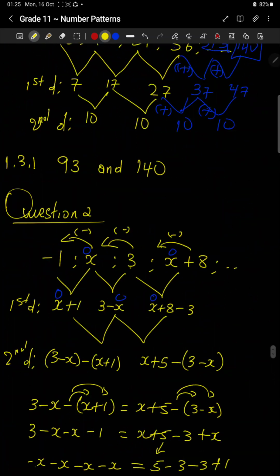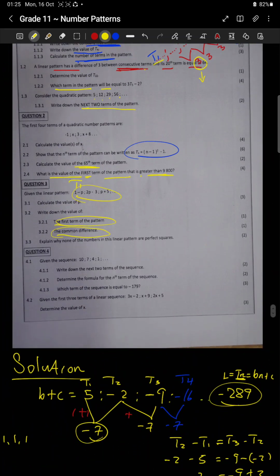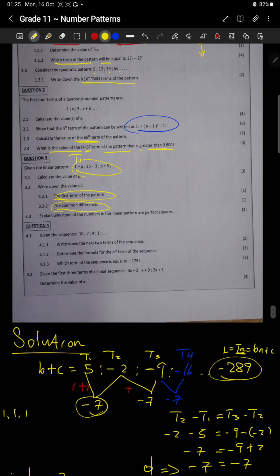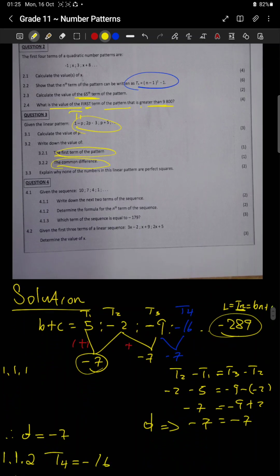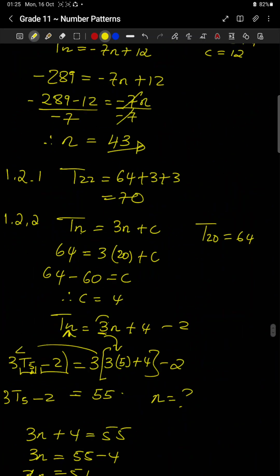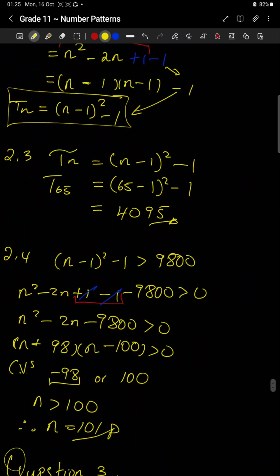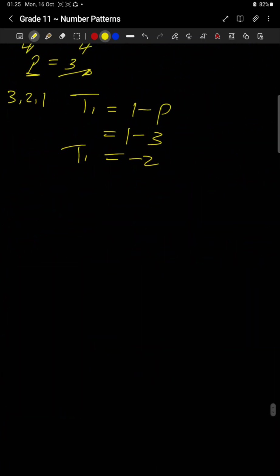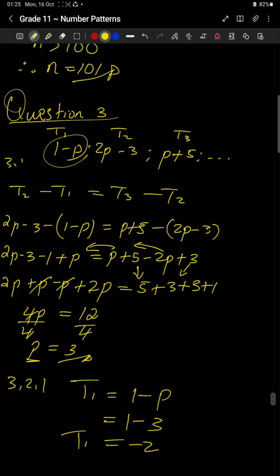So we check the next one. The next one says the common difference. In order for us to get the common difference, we have to find t2 first. We have to determine t2, because now we do have t1 as negative 2, but for t2 they still have that p, which is unknown.